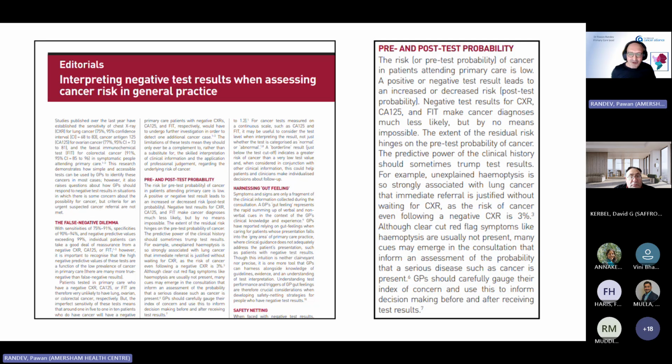And the example in the box on the right is around unexplained hemoptysis. So in NICE guidance, if you have unexplained hemoptysis, that is a straight to 2-week wait or urgent suspected cancer pathway referral. And you don't need to wait for a chest x-ray there.